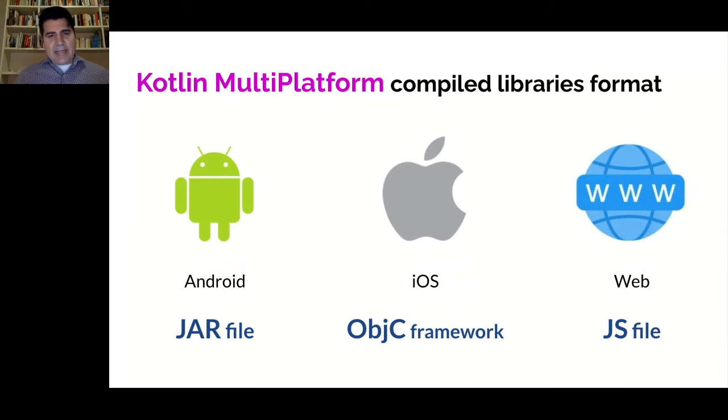So it's really not extraneous. They're really native. A jar library is perfectly native for Android, as much as an Objective-C framework is perfectly native for iOS, and a JS library for the web. So there's nothing foreign when you are applying Kotlin Multiplatform business logic.